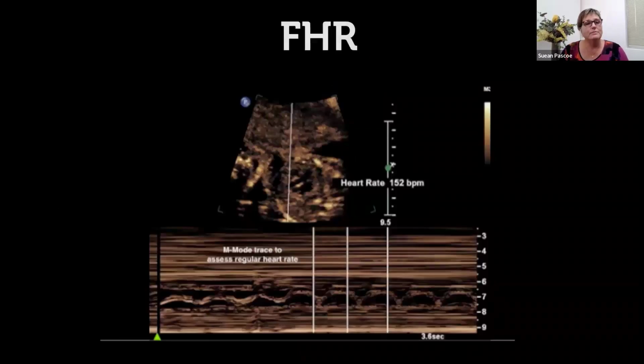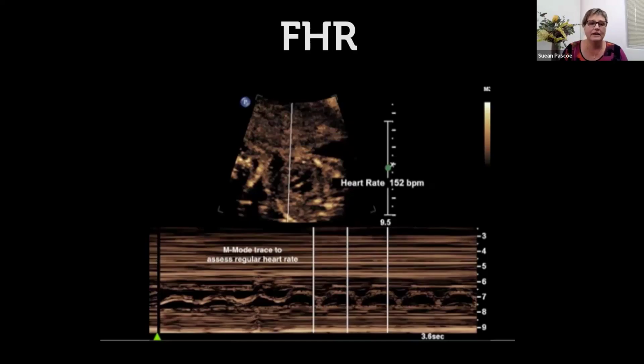The first one is measuring the heartbeat. And this one's the most simple, right? And it's the most satisfying when you have a patient there and you can show them the heartbeat. You can have a quick listen if you like using the Doppler at this stage, or just do an M mode trace and show the mum that, yes, baby's heart's beating. And then they all take a big deep breath and then we can get on with the business of doing the fetal wellbeing assessment.